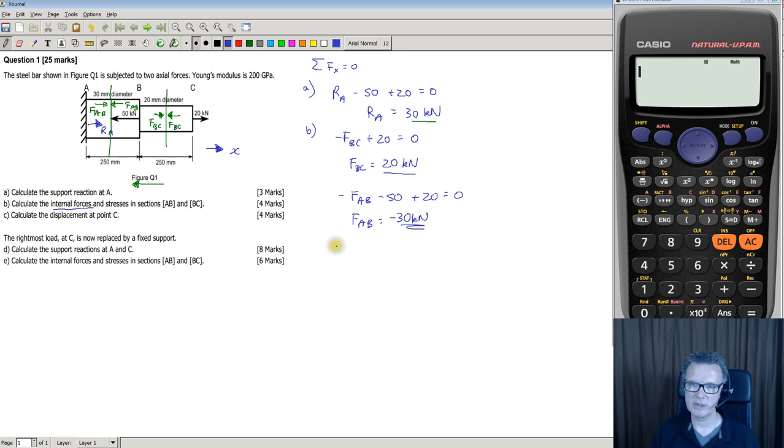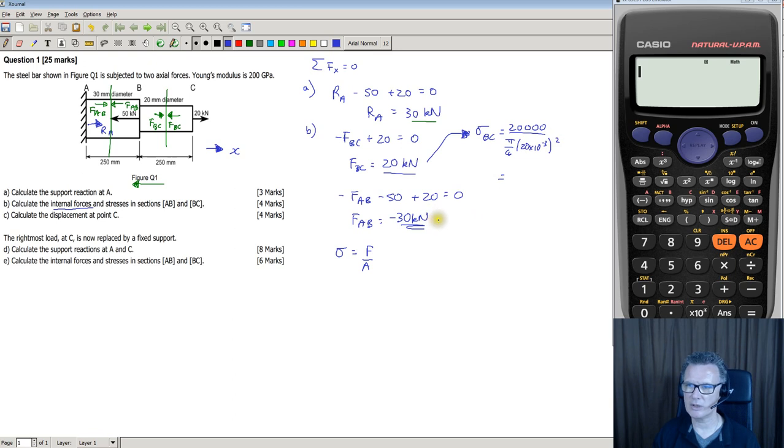Obviously the stress is straightforward. Stress equals force divided by area. So we want to apply that to these two terms. Stress BC is going to be 20,000 divided by pi over 4 times, BC's got 20 diameter, 20 times 10 to the minus 3 squared.